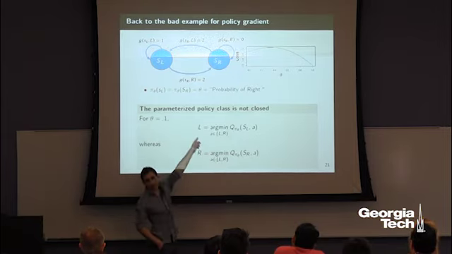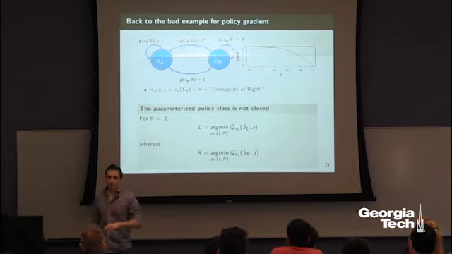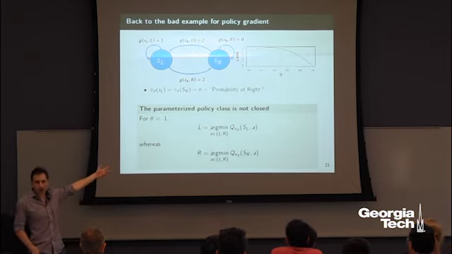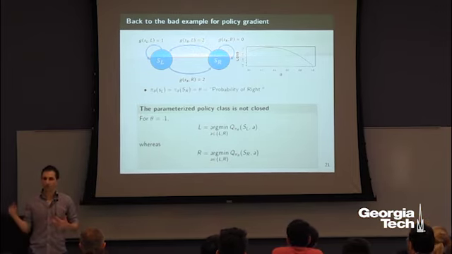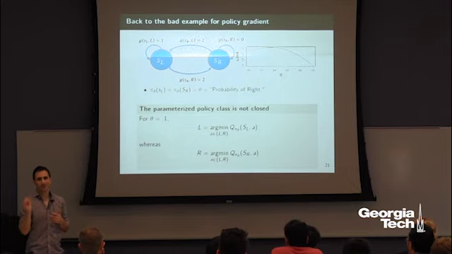But if I'm in the left state, I want to stay left. The issue is that update is not in the one-dimensional policy class that only lets you play the same thing at the two states. And so you're getting stuck at this local minimum in that case.